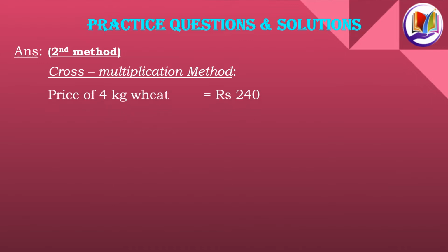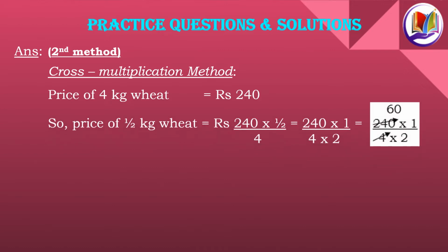Well, the price of 4 kg wheat equal to rupees 240. So price of half kg wheat would be, whatever the price of the item asked, we directly consider that here. Half multiplied by 240, that is the price of 4 kg wheat, divided by the total weight of the wheat given there, that is 4. So half, the denominator part of half, 2, is written below and 1 remains in the numerator.